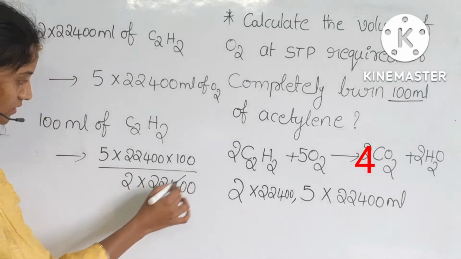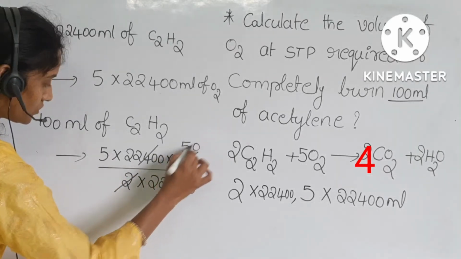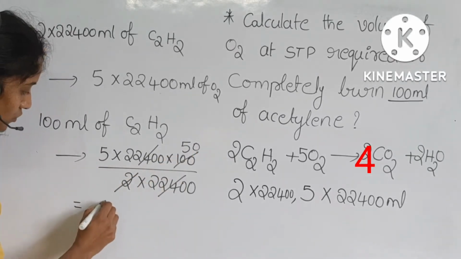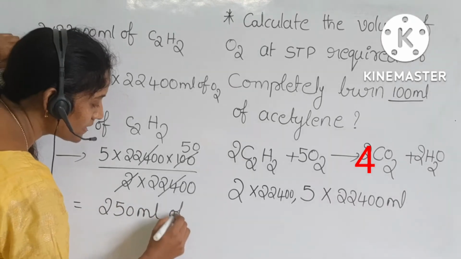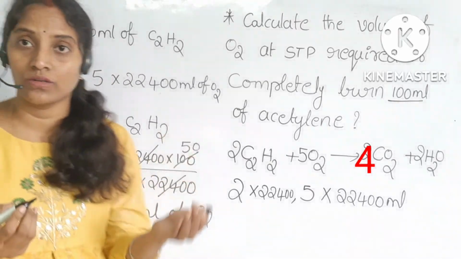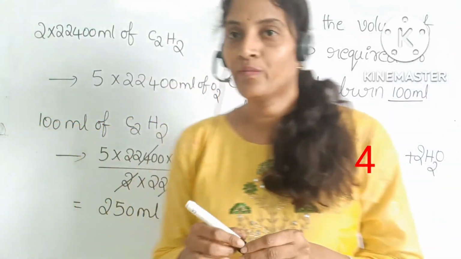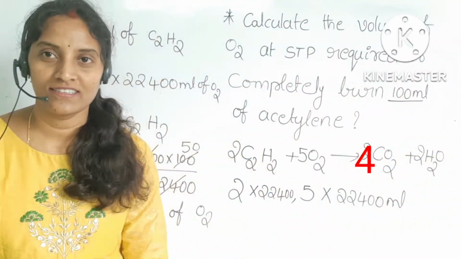Here this one and this one cancel out with each other, so you will get 250 ml of oxygen gas is needed to complete burning of acetylene gas. This is about this problem.